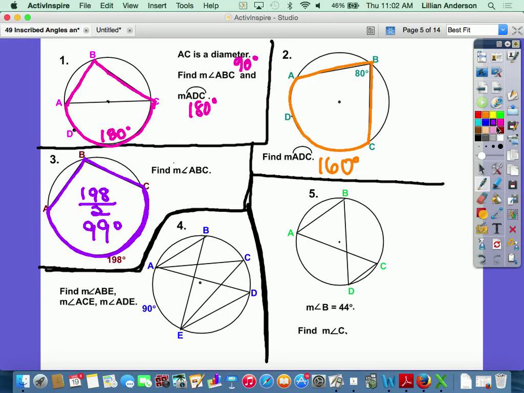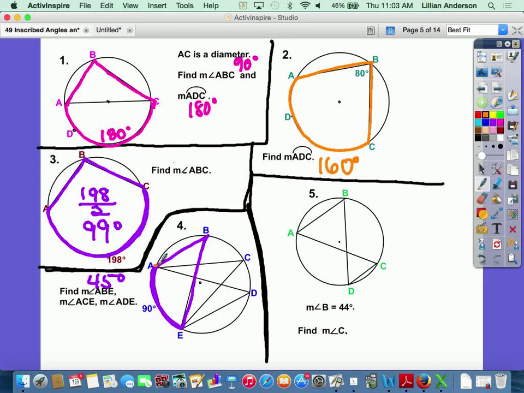What's the arc that they all have in common? The 90-degree arc from A to E. Look at it. Angle ABE. It's not that hard, is it? It's 45 degrees. You look at it and you're like, oh my God, I can't do it, but you just gotta try it.